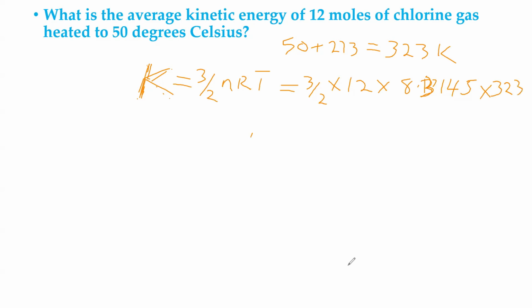So after we calculate everything, at the end we are going to have 48,34 joules. So this is the average kinetic energy of 12 moles of chlorine gas.